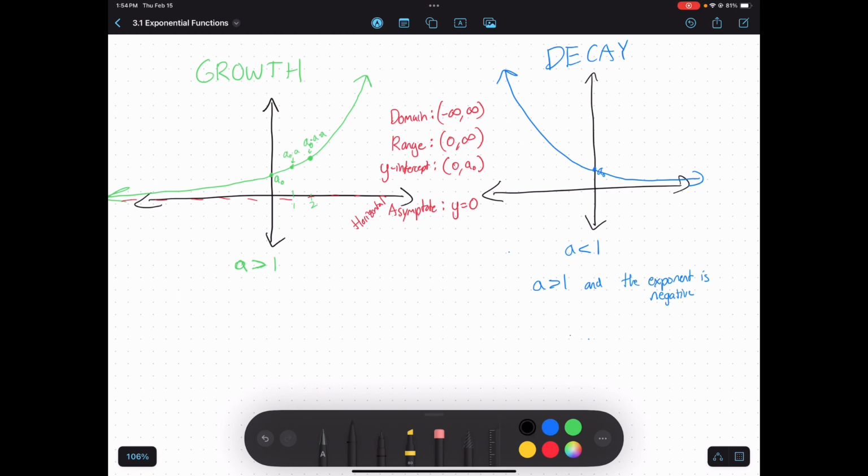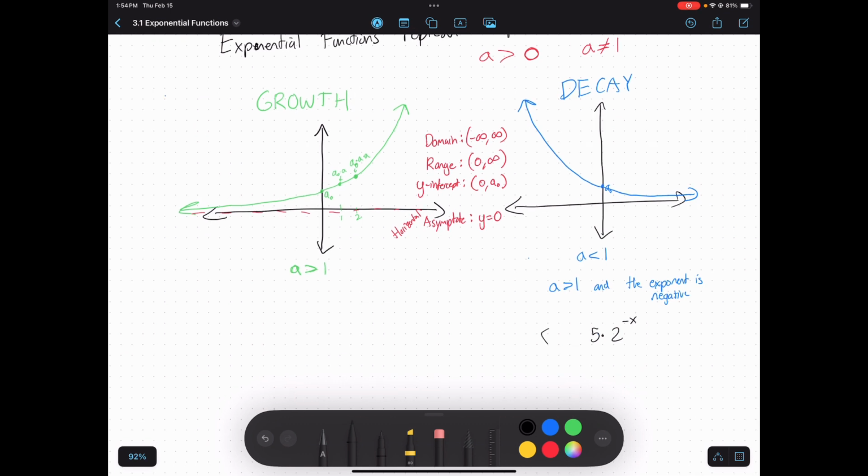Okay, for example, you might have something like 5 times 2 to the negative x. 2 is greater than 1, so if I ignored the negative in the exponent, I might think this is growth. But that negative exponent means I'm going to flip it across the y-axis. It means when I try and plug in 4, I get 2 to the negative 4th, which of course gives me a fraction. Okay, so this is just an example here.